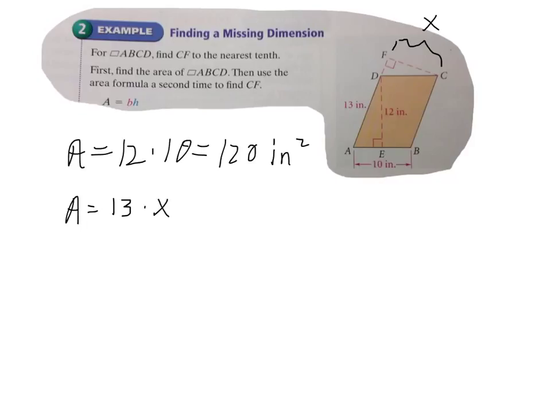So 13 times x has got to equal 120 also. So we would simply divide both sides by 13, and hopefully you're going to find x to be approximately 9.2 inches.